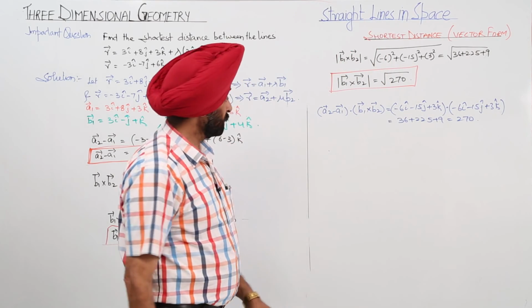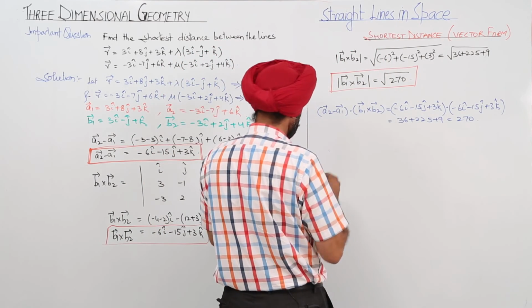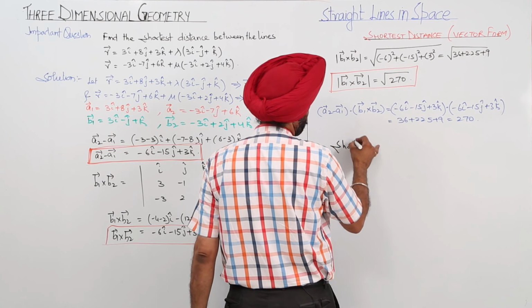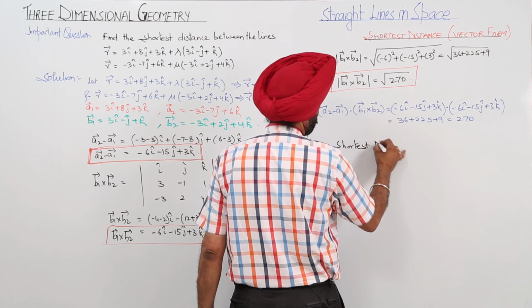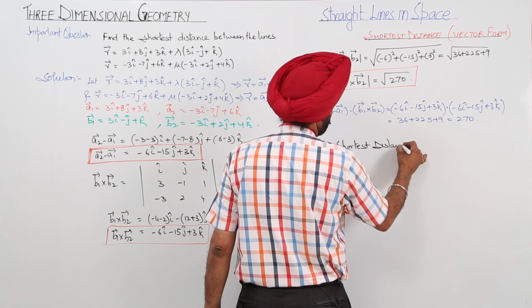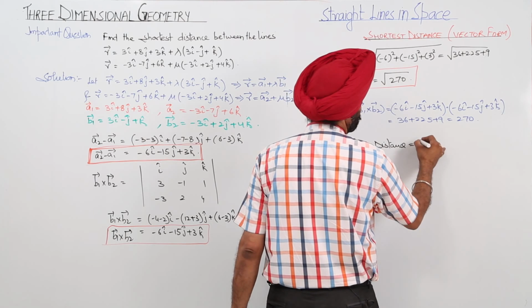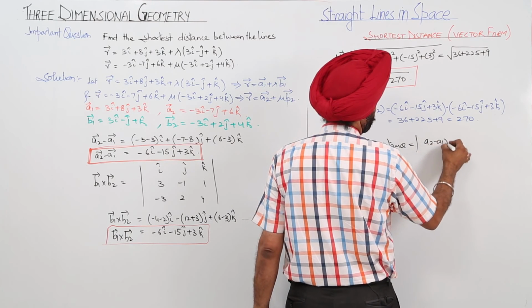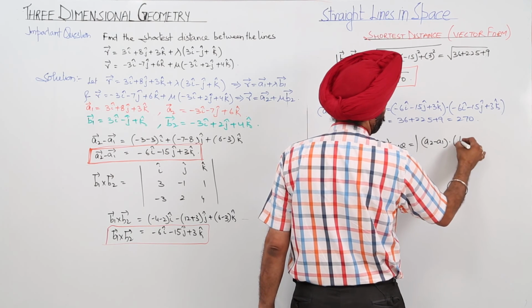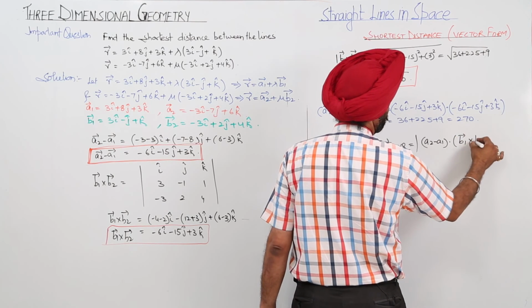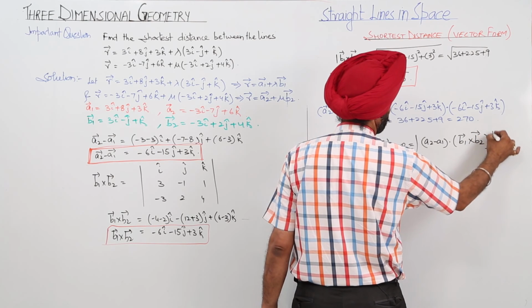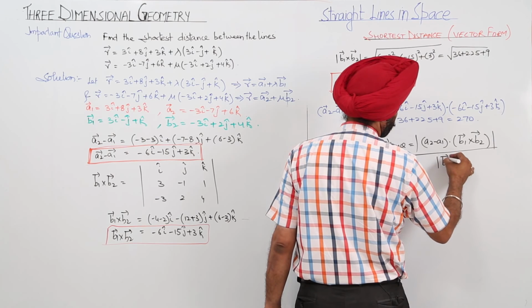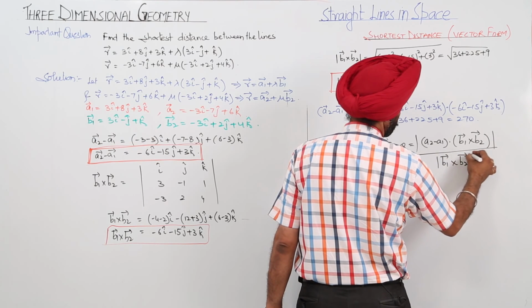Is it clear? So now shortest distance is equal to a2 minus a1 dot vector b1 cross vector b2 upon magnitude of vector b1 cross vector b2.